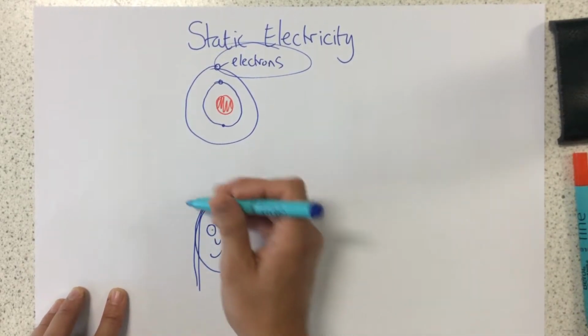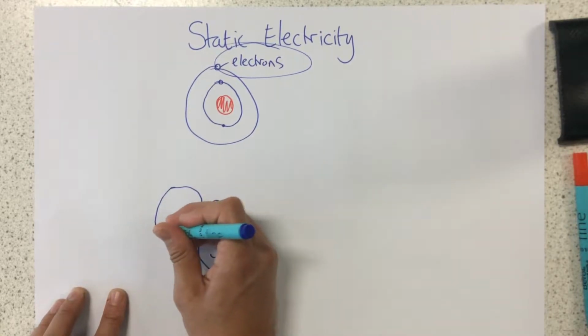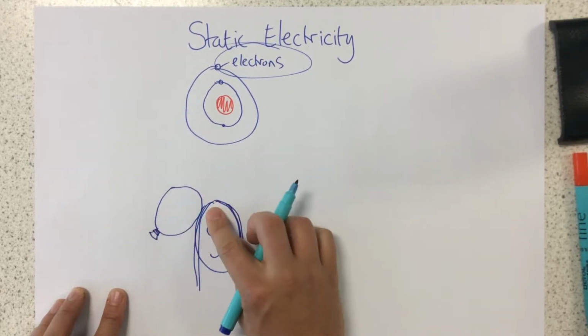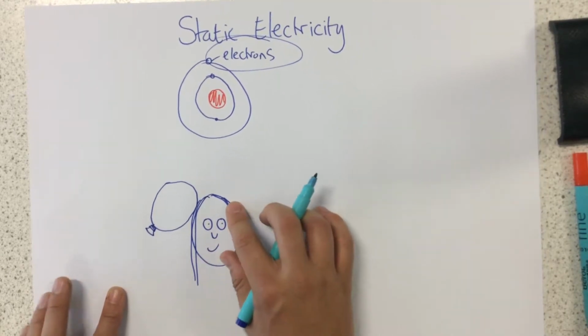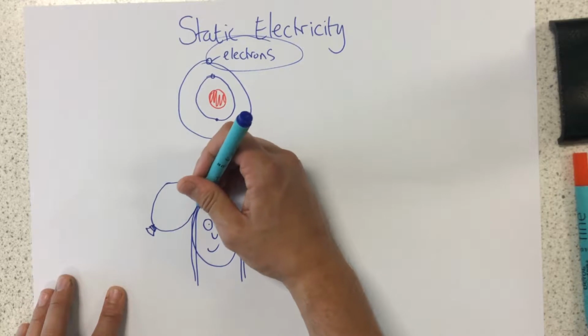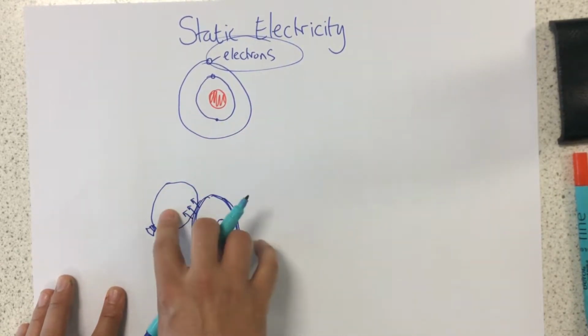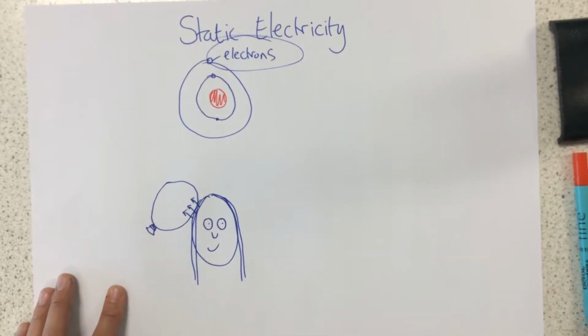So let's imagine I've got a balloon and I've rubbed the balloon against this person's hair. As you rub these two insulating materials together, electrons are transferred from one material to the other.